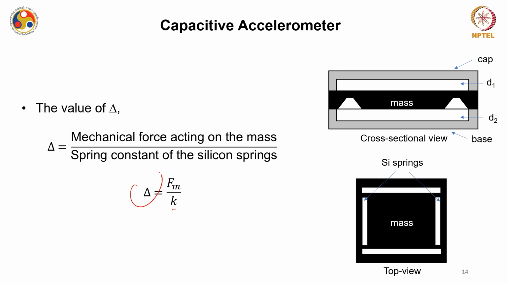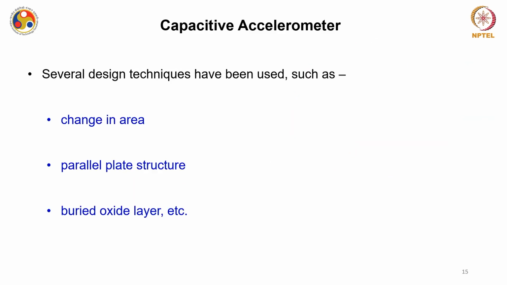So you can directly find this delta, and by using a proper integrated circuit with this capacitor in the picture, you can find the acceleration in terms of this value, and by comparing that with the force that is applied, you can find the acceleration. We have seen that in our first lecture.